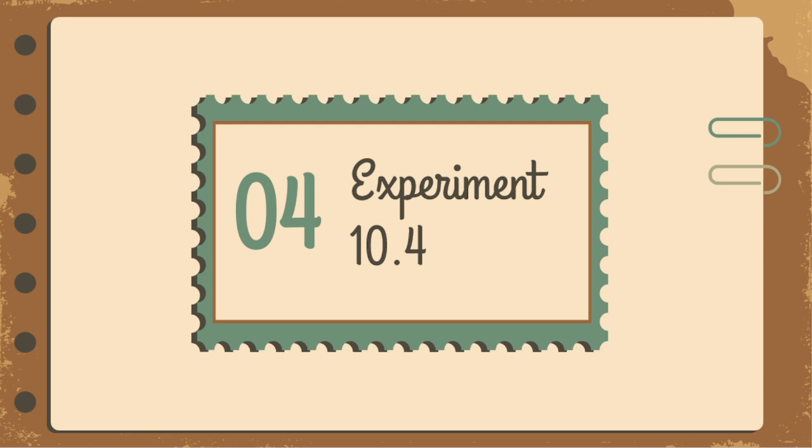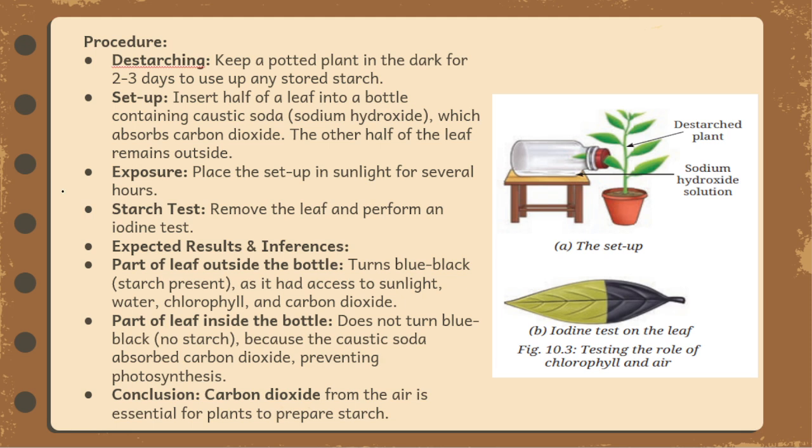Okay, now let's do experiment 10.4. Experiment 10.4 is about testing whether carbon dioxide in air is essential for photosynthesis or not. So in this experiment, you have to keep a potted plant and then pluck a leaf from it.